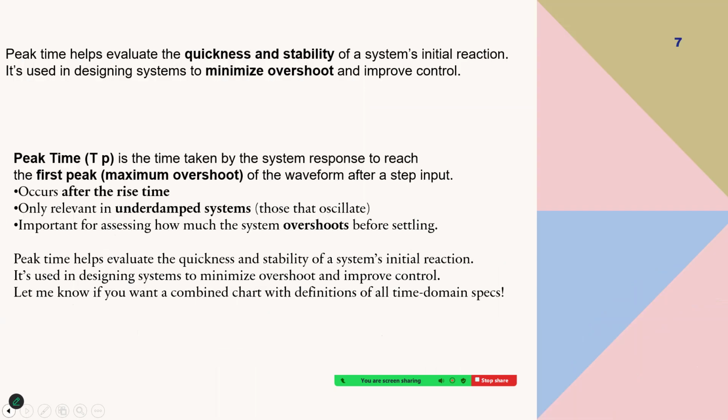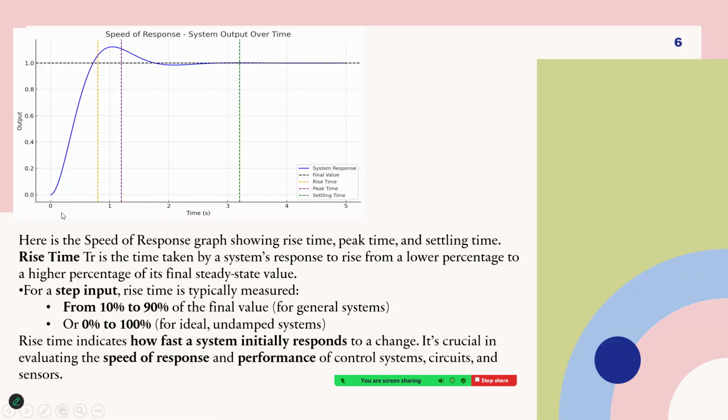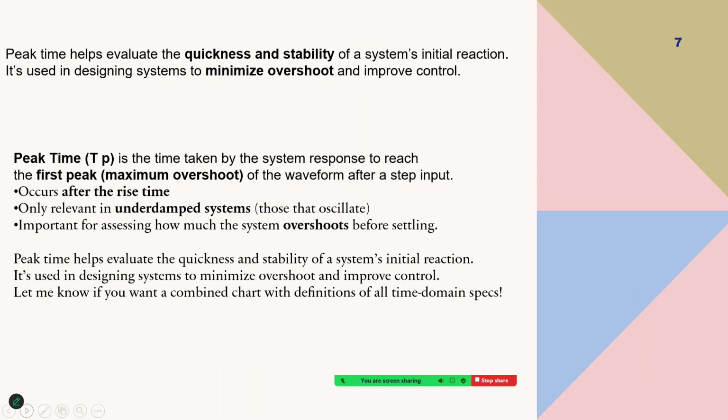So what is peak time? Peak time is the time the system takes to reach its maximum value. So here is the peak time of the system. We have to understand that the peak time occurs after the rise time, and is only relevant in underdamped systems, like those which oscillate.